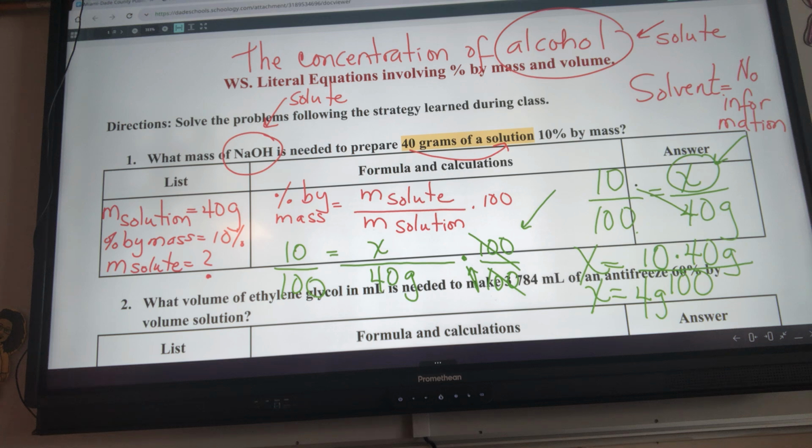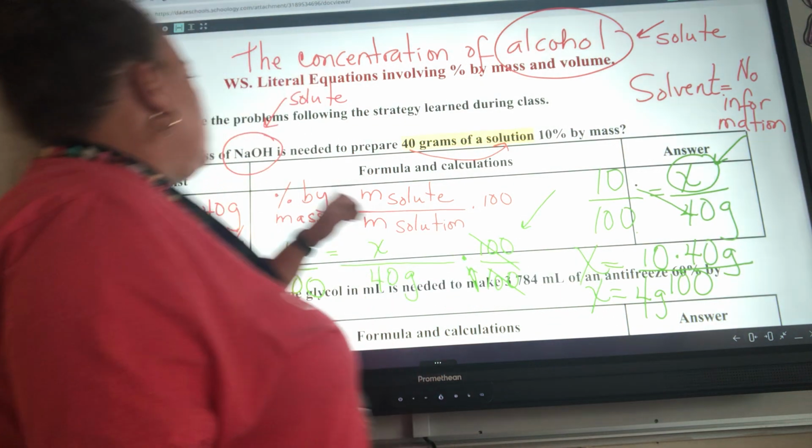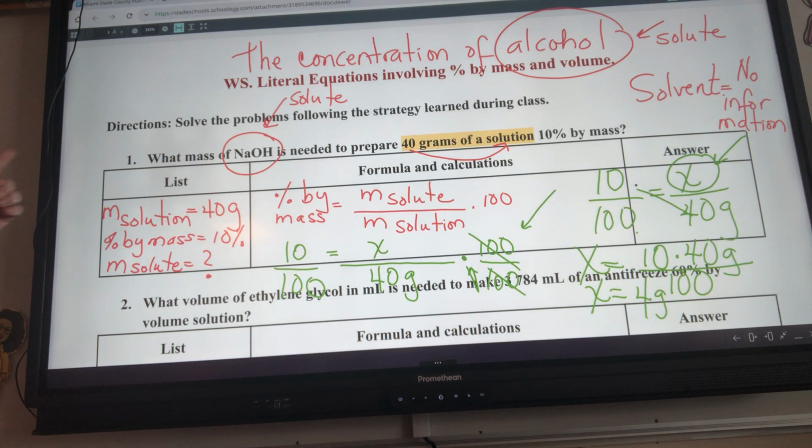Am I done over here? No, because I have to write the answer, right? What was the question? It's asking what mass do you need to get. So if you want to answer using a complete sentence, you're going to steal from the question, yes or no?